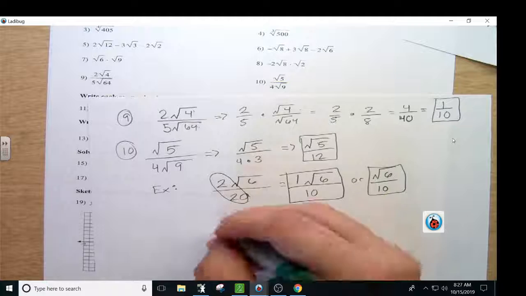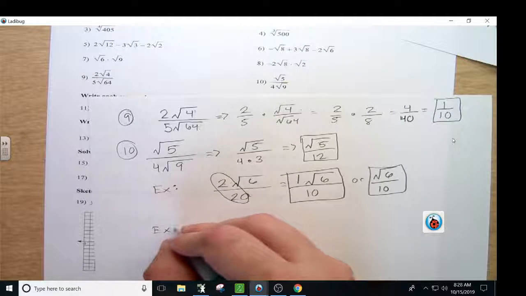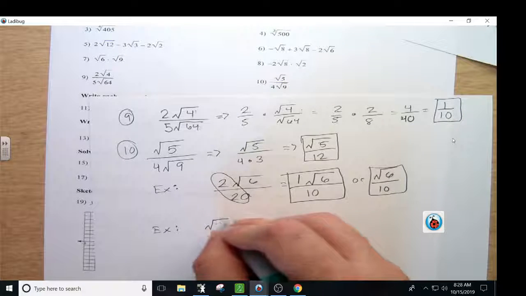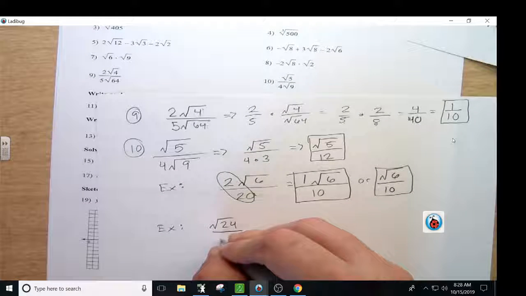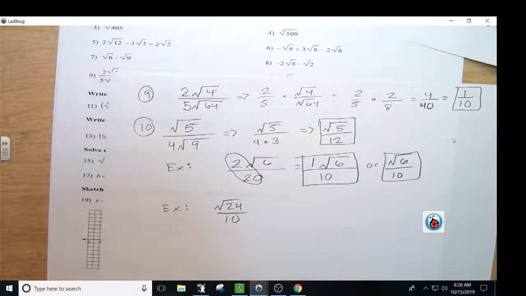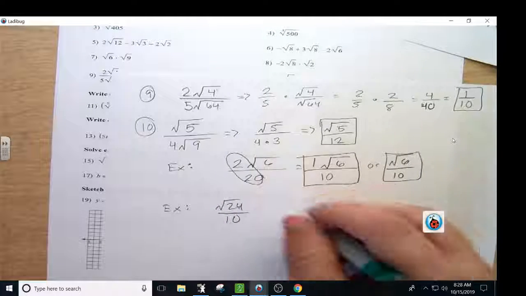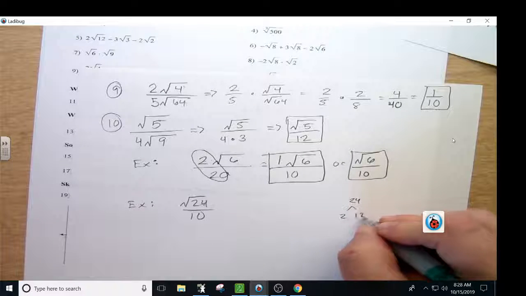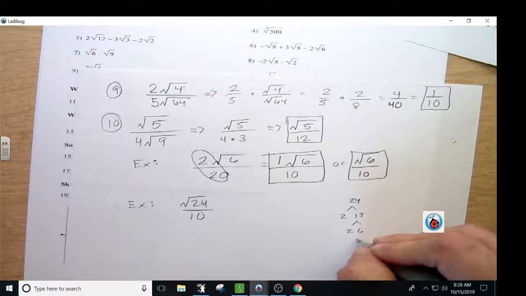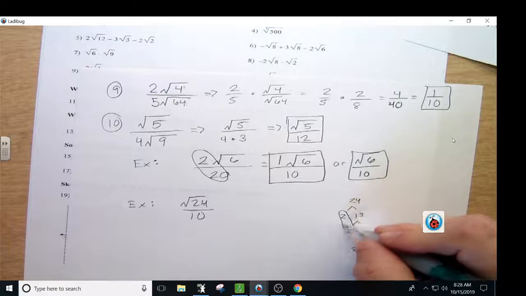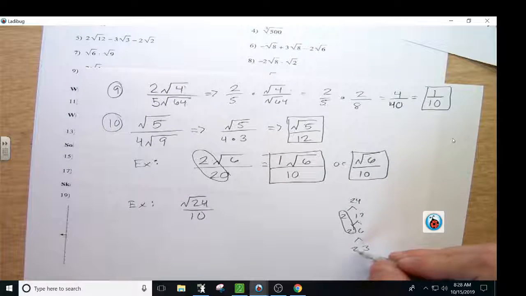What if you had this? You got an answer of, I don't know, square root of 24 over 10. Is this full credit? No, because why? Can this be simplified? It can be. So now what you would do, you'd take 24, break it down, be 2 and 12, 2 and 6, 2 and 3. Now, I've got a pair of 2's here. Now I got a 2 and a 3 without a pair.